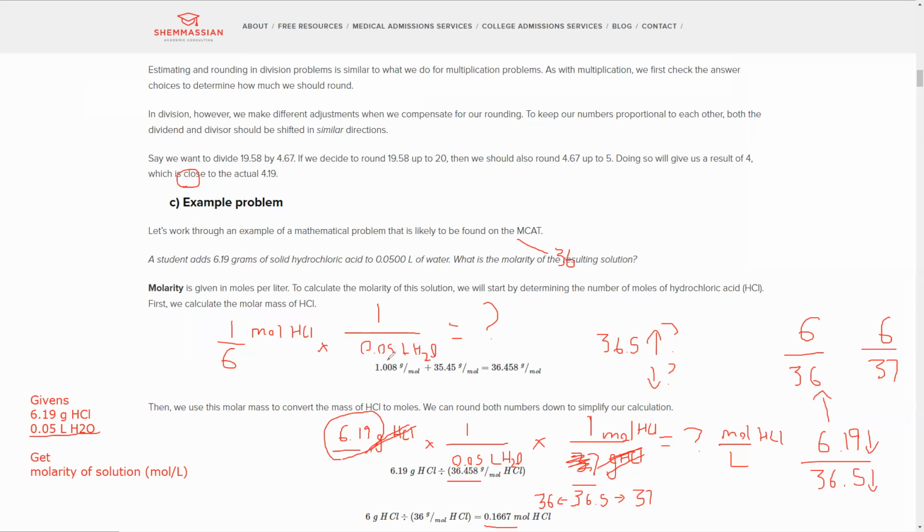What I would rather do is turn this into a fraction, because it's essentially, right? And you might be thinking, okay, off the top of my head, I don't know what 0.05 is as a fraction. Okay, that's fine. Do you know what 0.5 is as a fraction? What's 0.5 as a fraction? A half. So therefore 0.05, if we move the decimal 1 over here, right, we're adding a 0.